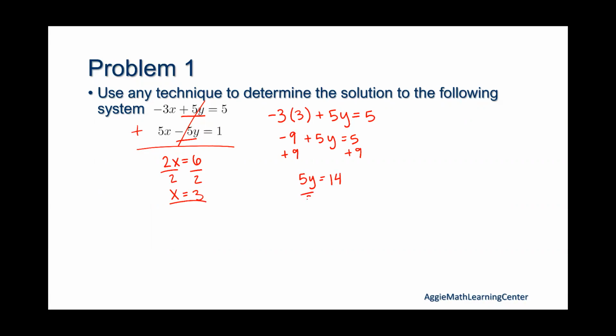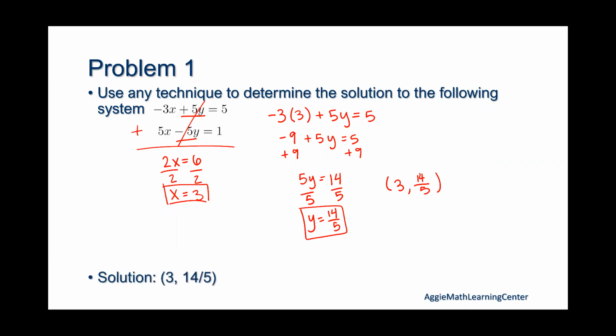Then to isolate y, divide by 5. Now I know that y equals 14/5. So we have our x and our y. If we write that as a point, our solution is (3, 14/5).